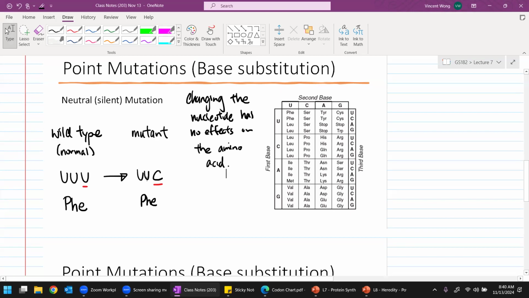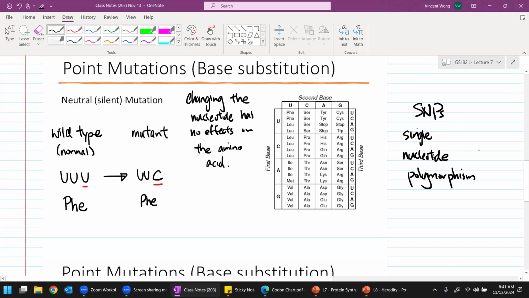Remember, I told you a long time ago, between you and any other person in the room, how much of our DNA is identical? What percent? Do you remember? Yeah, 99.9, right? So the 0.1% difference between you and the person next to you is actually caused by these silent mutations. We call these things SNPs: single nucleotide polymorphism.